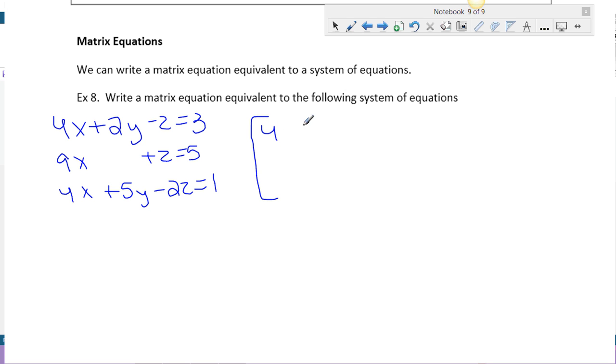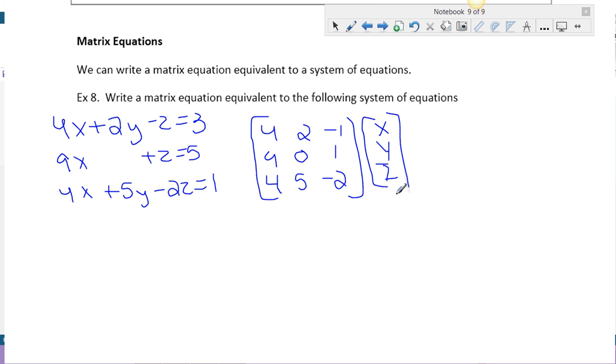So 4, 2, negative 1. 9, 0, since I don't have one, 1, 4, 5, negative 2, and you put them in a 3 by 3 matrix. Then you take your variables, which are x, y, and z, and you put them in a 3 by 1 matrix. And then you take your answers, your constants.